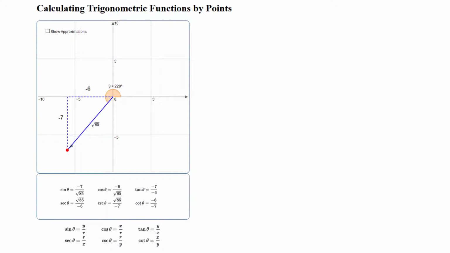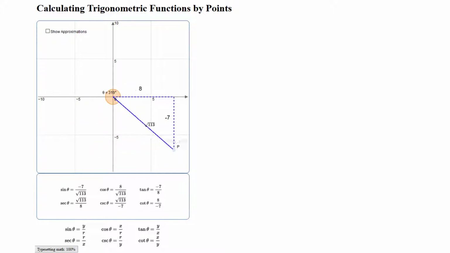If you'll notice, I have tangent of theta is now defined as -7 over -6, which, for this kind of angle right here, this is my opposite and that's my adjacent, so that's how it's defining it. Obviously, the answer there isn't -7 over -6. It would be 7/6. You would reduce that to a positive answer.